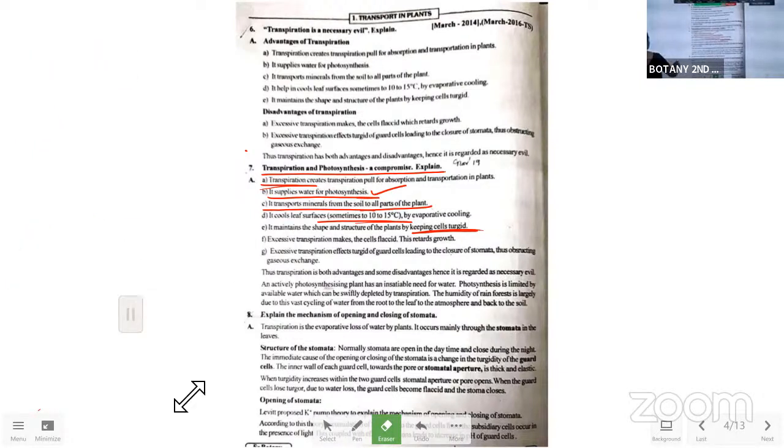So this is the one minus point, a negative aspect of the transpiration process itself. Whereas photosynthesis is limited by the available water molecules, and it completely depends on the transpiration process. Okay, so with this we can say transpiration and photosynthesis are a mandatory stream that has to occur in the plant body simultaneously.